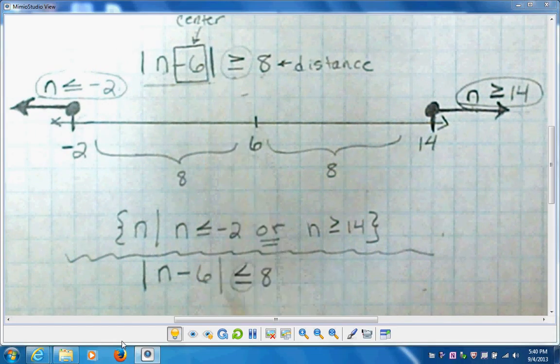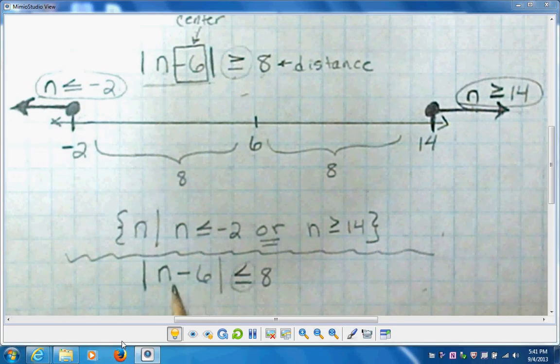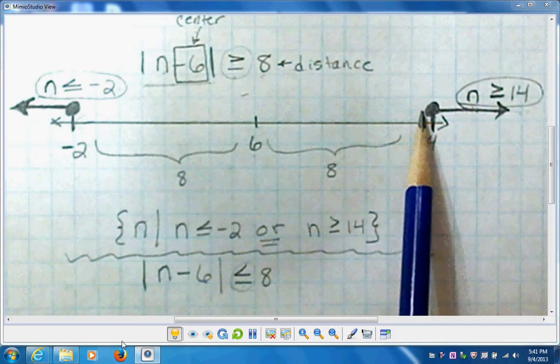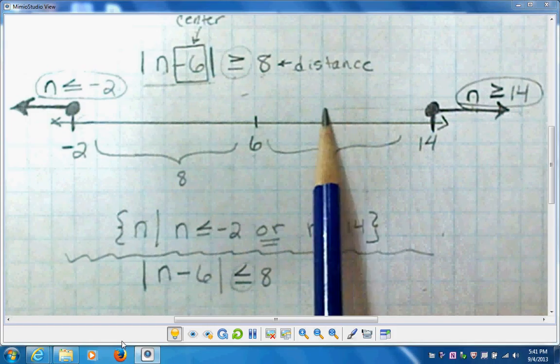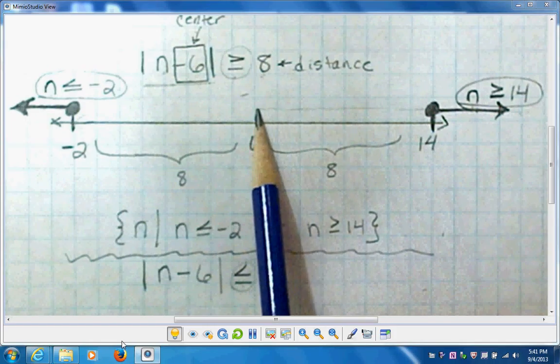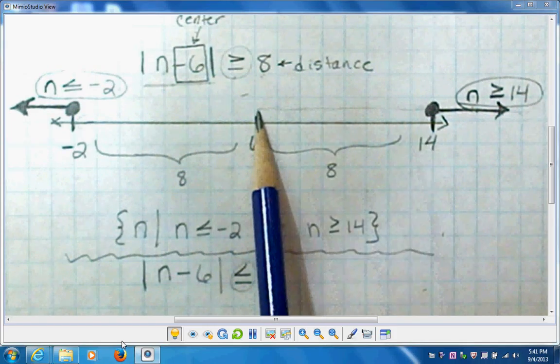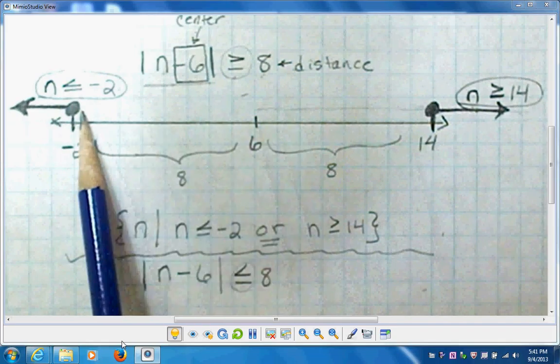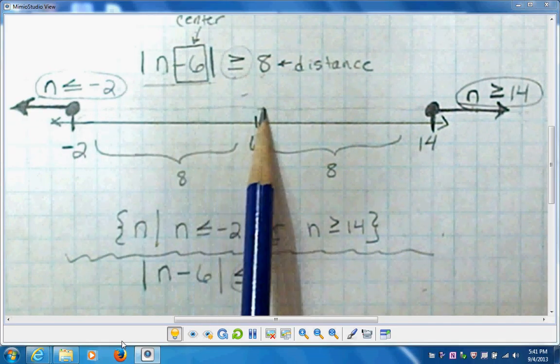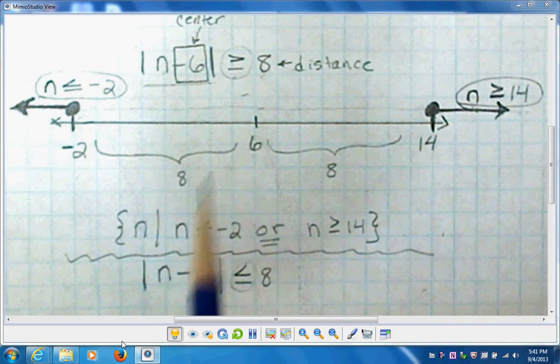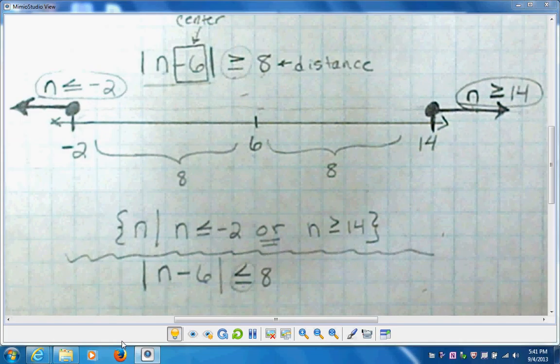It's going the other way. So when I'm looking at this one, I want my absolute value to be less than 8. So when I'm looking at the number line, less than would be this way. Anything through there makes this distance from here to here less than, and anything from here to here makes it less than. So they're coming together, which makes it an and. And we'll look more at that in the future.